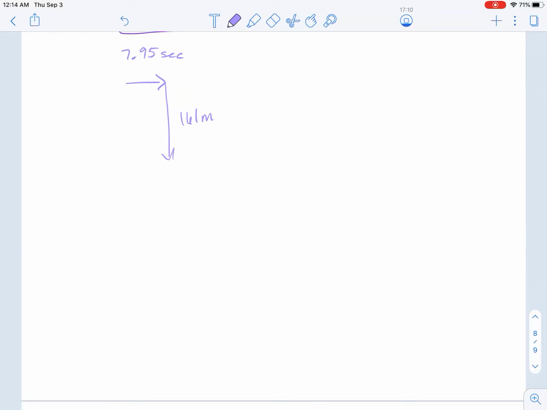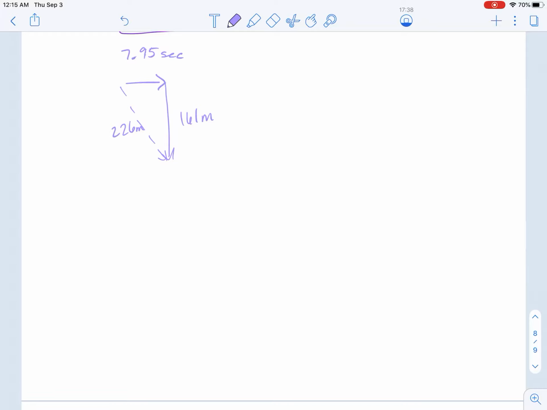The resultant displacement is provided for us in this problem, and they tell us that the resultant is 226 meters. Okay, so I know my resultant value. All right, calculate the magnitude of the ostrich's eastward component and its running speed.